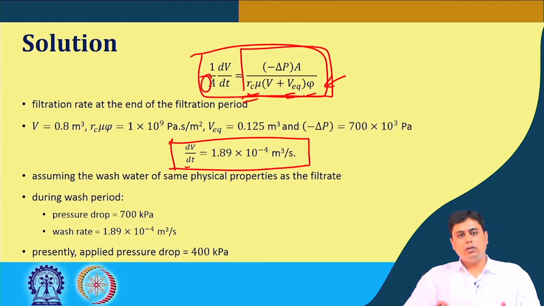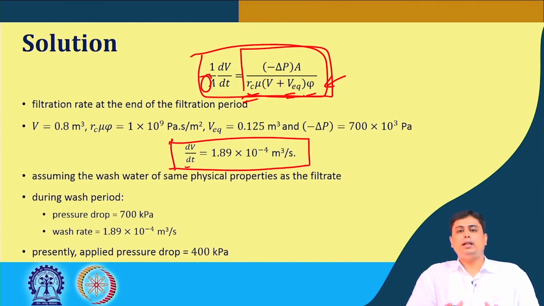Now, we assume that the washing liquid, or the wash water that will flow in the reverse direction to wash this cake, has the same physical properties as the filtrate, because that is not explicitly mentioned in the problem.